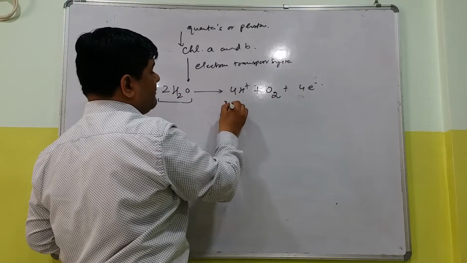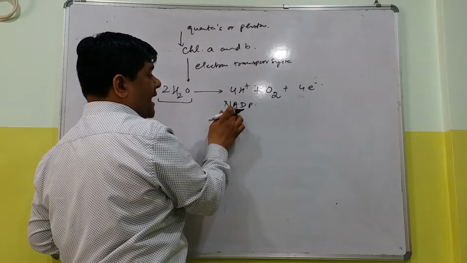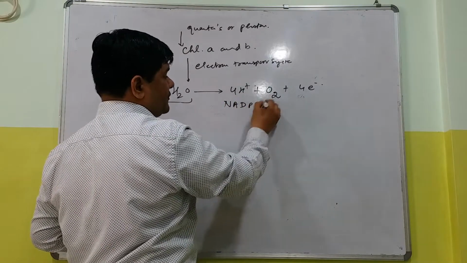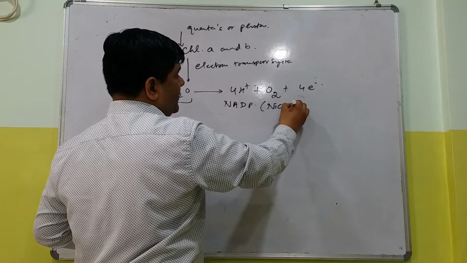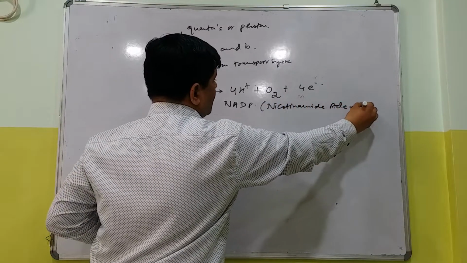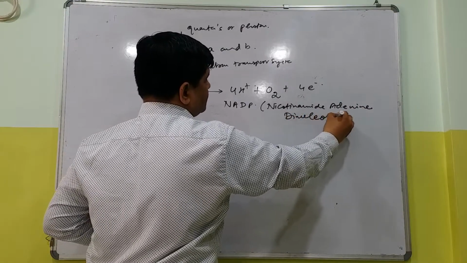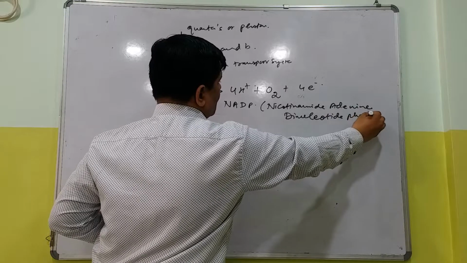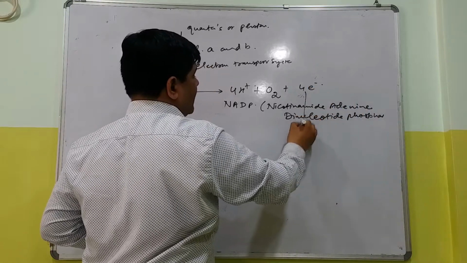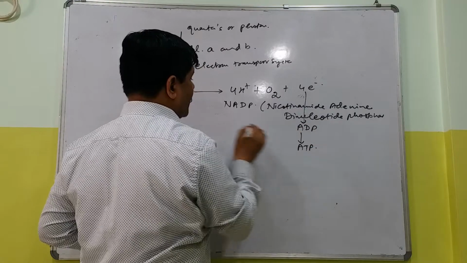These protons combine with NADP, nicotinamide adenine dinucleotide phosphate, and electrons are gained by ADP to form ATP, adenosine triphosphate.